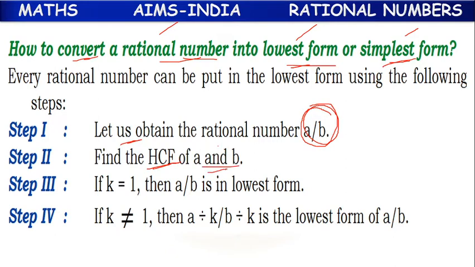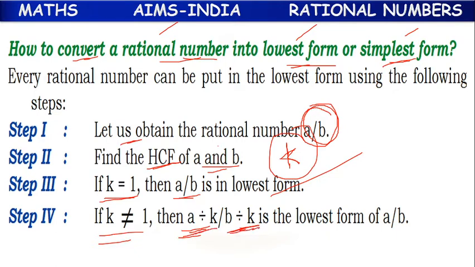Let the HCF of a and b be k. If the k value is 1, then the given rational number is in lowest form. No need to write it separately. But if the k value is not 1, then both numerator and denominator are to be divided by k, that is, by their HCF. After division, whatever remains will be in the lowest form.